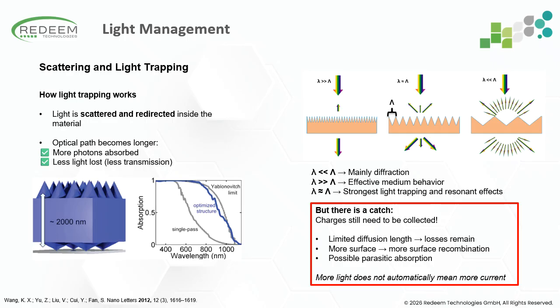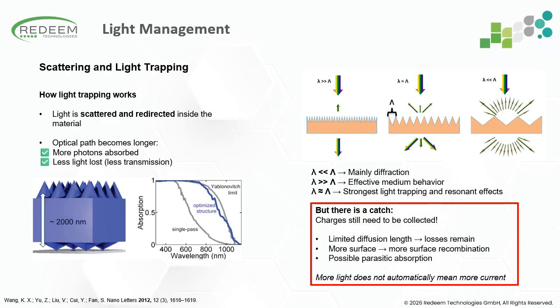If the structures are much smaller than the wavelength, the surface behaves almost like an effective medium. If they are much larger, only weak diffraction occurs. And the strongest light trapping is achieved when the feature size is on the order of the wavelength, where diffraction and resonance scattering become most effective.